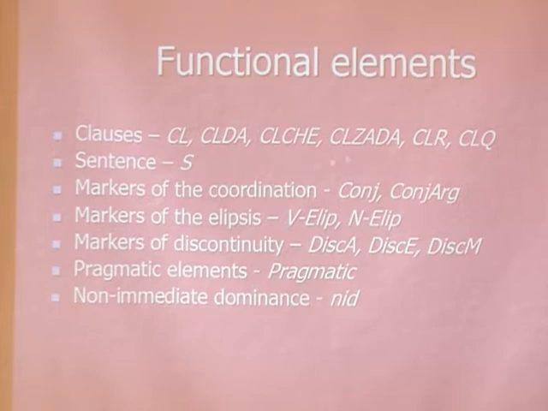Markers of the ellipsis, the sign and ellip, markers of discontinuity. There are three types of discontinuity that I'd like to draw your attention to after a while. Pragmatic elements and just a helping label for non-immediate dominance.